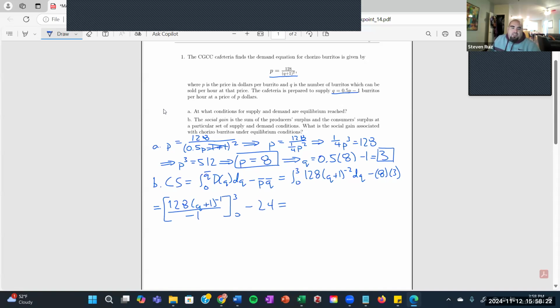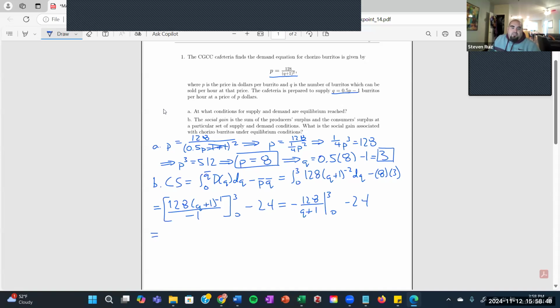So what happens when I plug in 3? Actually, let's clean this up first. So negative 128 over q plus 1 evaluated from 0 to 3 minus 24. When I plug in 3 for q, I get negative 128 over 4, so that'll be negative 32.